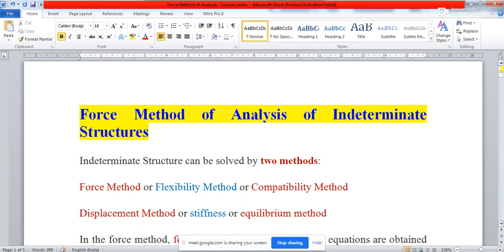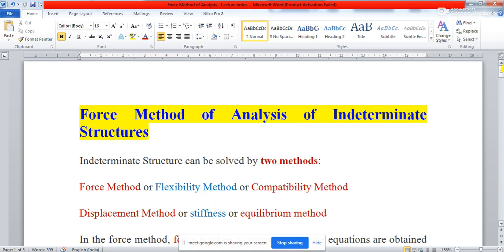If you cannot find out the deflection at a particular point, you will not be able to apply the concept of force method, or find the compatibility equation using the force method of analysis. So be very clear at this point that deflection calculations are very important.